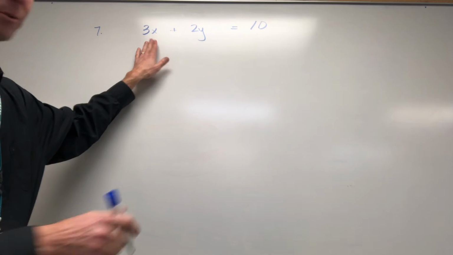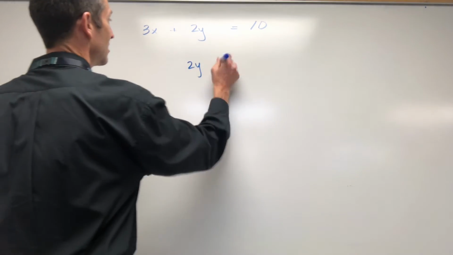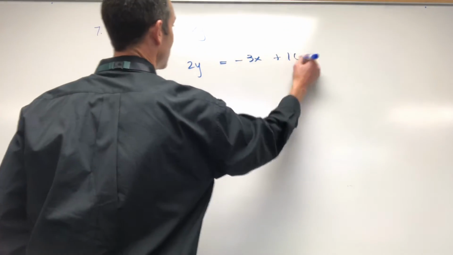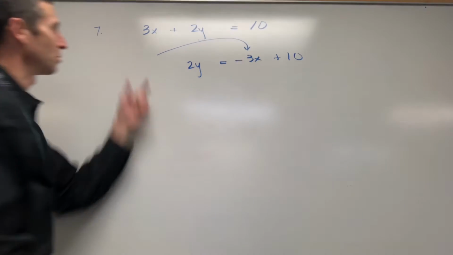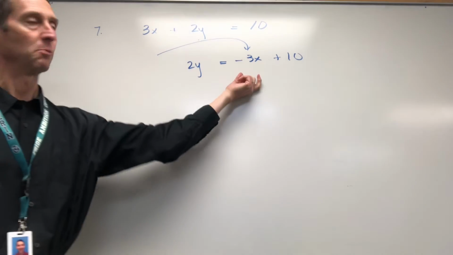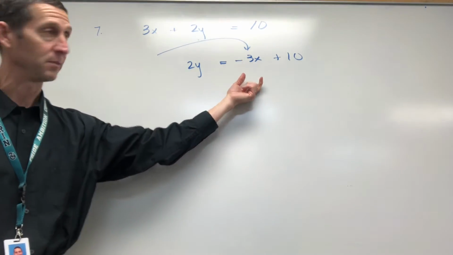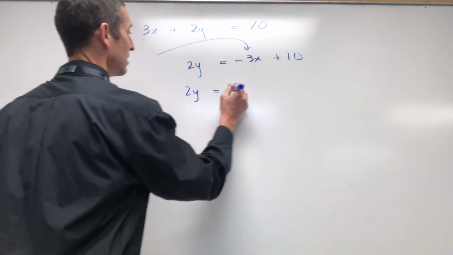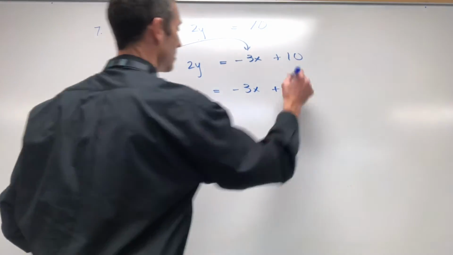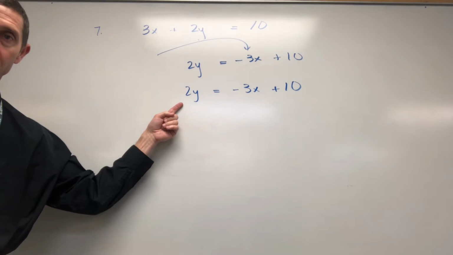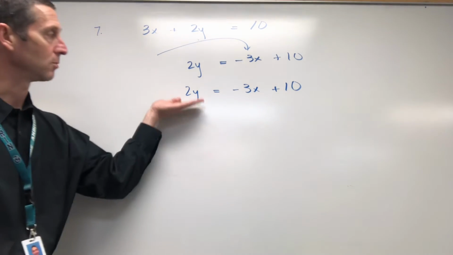Start off moving the 3x. So 3x is positive on this side. When we move it over, it changes to a negative. Let's reassess where we're at. Now again, you're trying to solve for y, and there's a 2 sitting right in front of it.